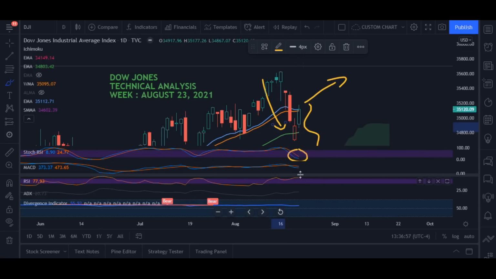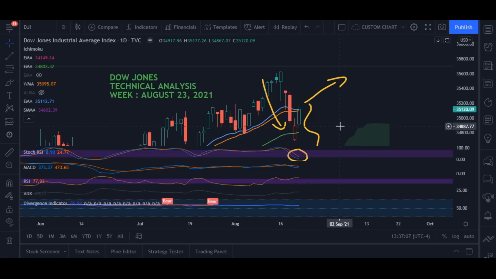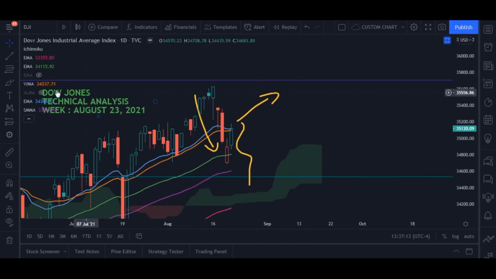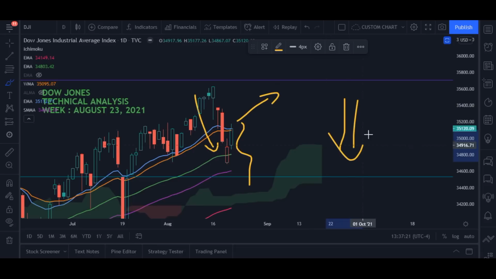And the momentum, yes, there is a very heavy momentum that is supporting the bearish movement. So considering all of the technical indicators, the moving averages are saying that the market is moving up, but the other indicators, stochastic RSI, MACD, and the momentum, are saying that the market is coming down.